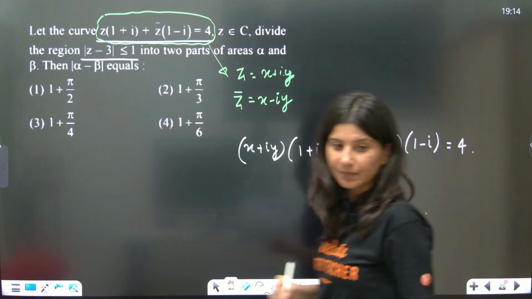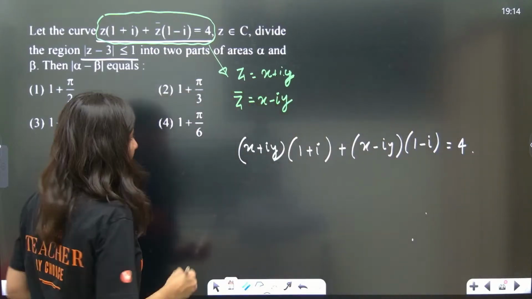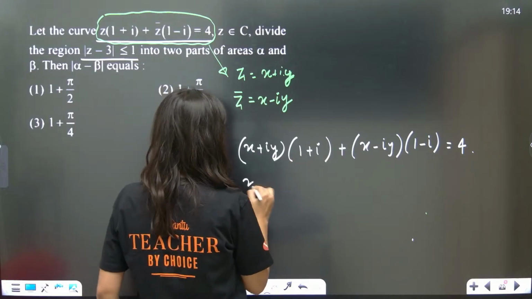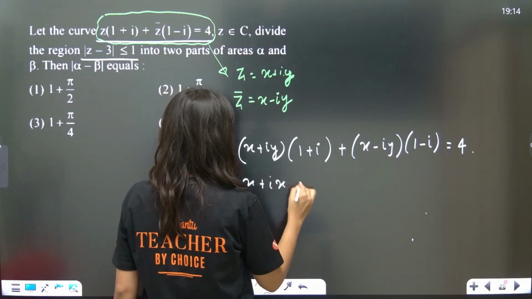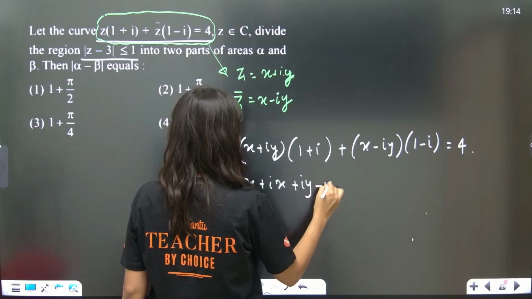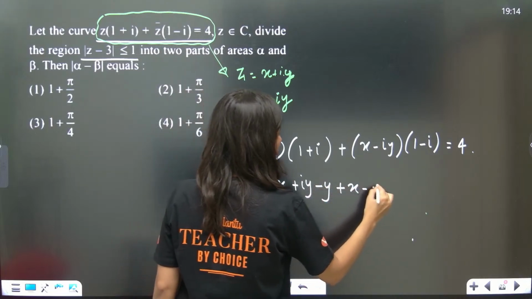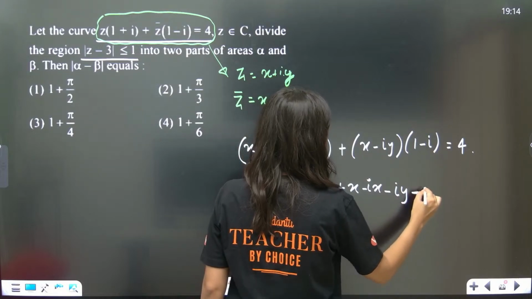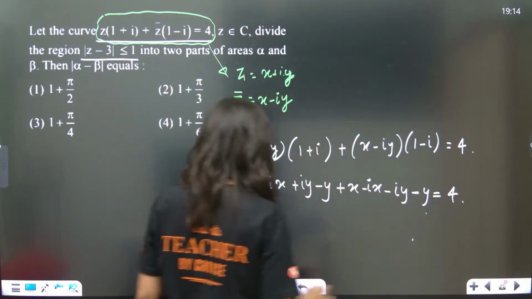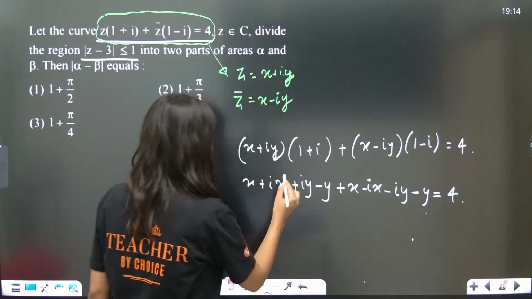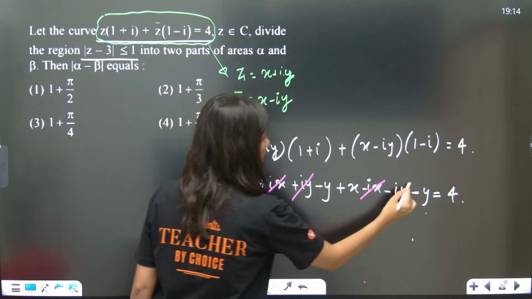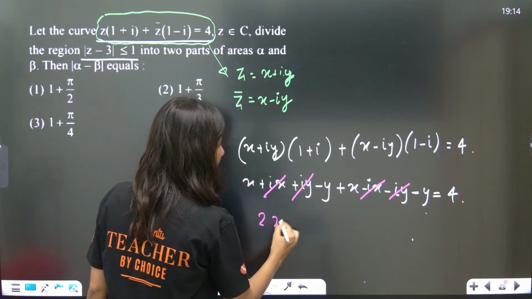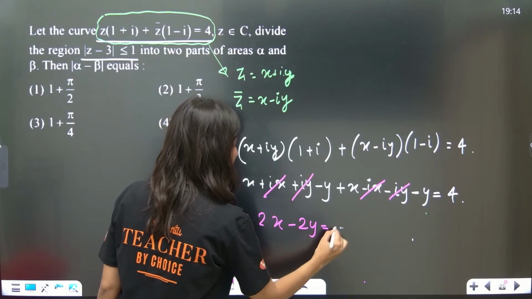Let's solve it. Now let's cancel out the iota x and iota y terms. We get 2x minus 2y equals 4.